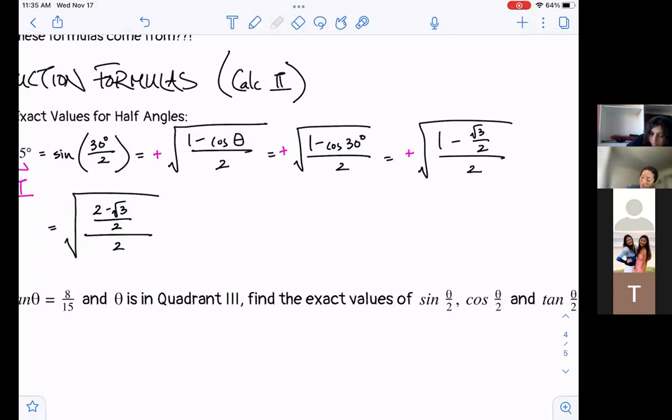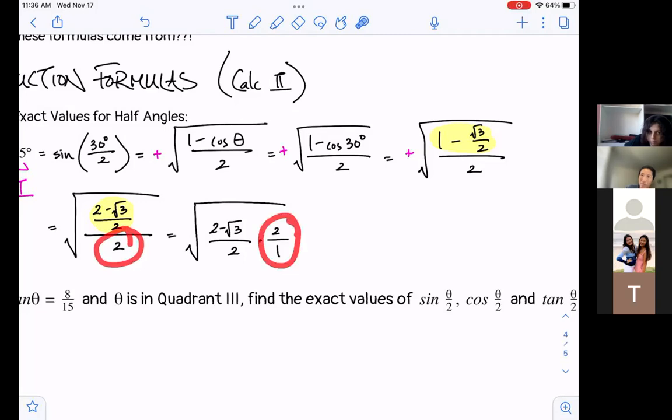Okay. And so in particular, this numerator became this numerator once I have a common denominator. All right, well, I'm going to do (2 minus √3)/2 times the reciprocal of the bottom. Did I do that right? No. Okay, so in the bottom I have 2, so this reciprocal should really be 1/2.